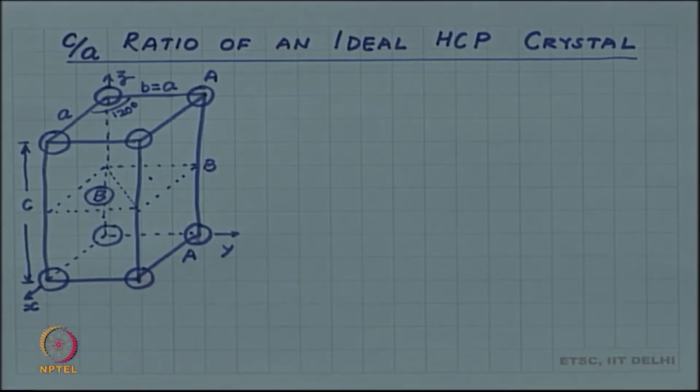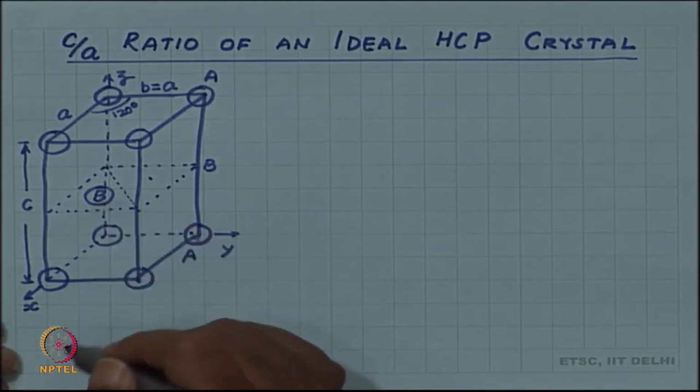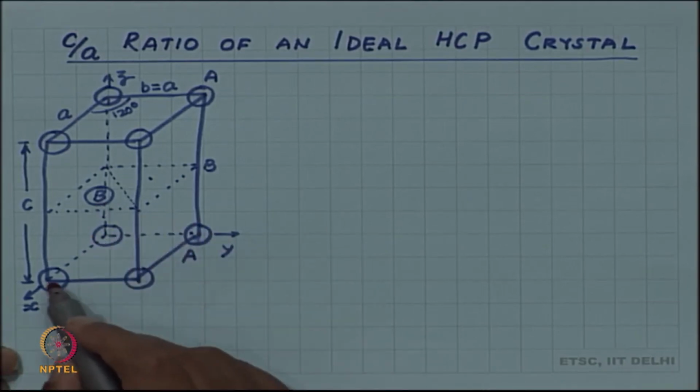Now, notice that, and we have discussed this, this B atom is actually sitting on the 3 A atoms below.